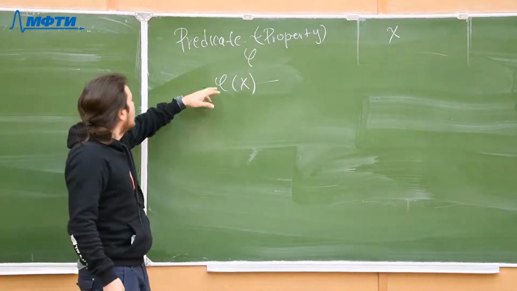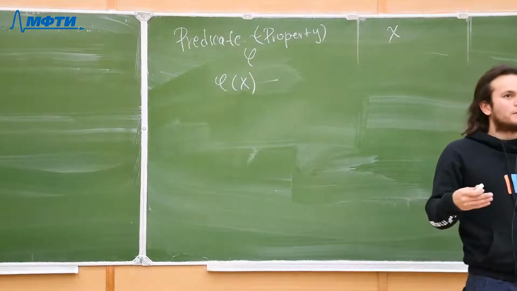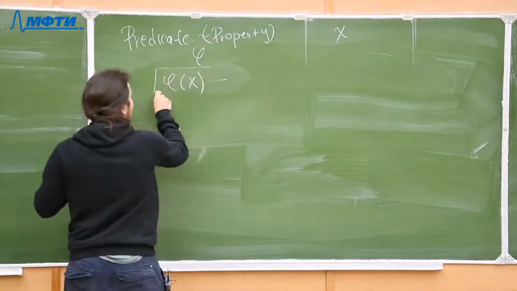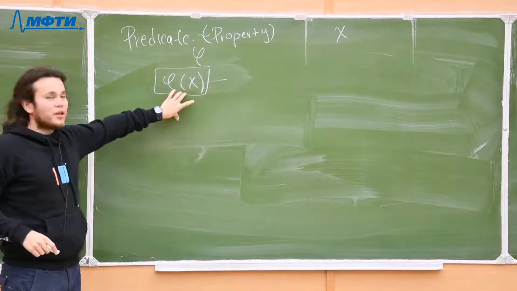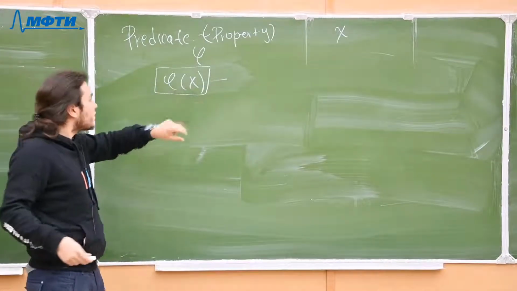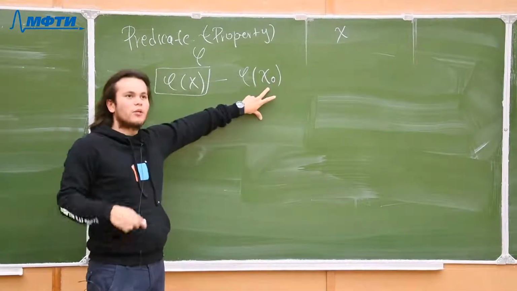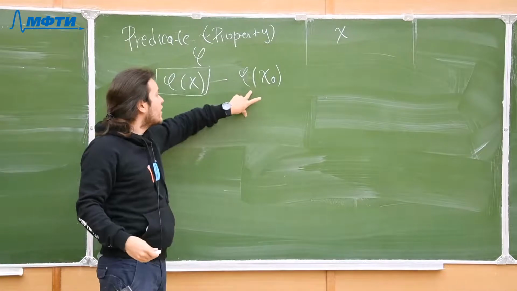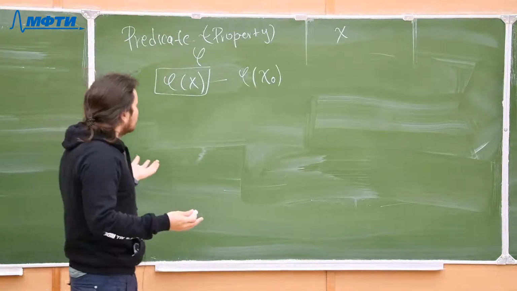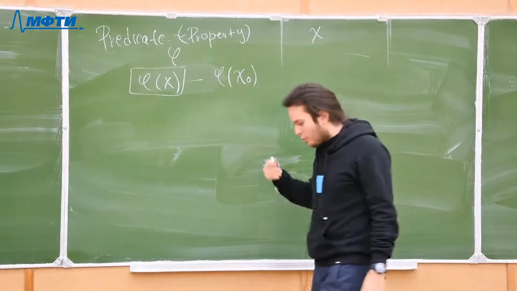What is the difference between a predicate and a statement? This is a predicate, but if we fix some value for x, then this is a statement. So we have statements and we have predicates.